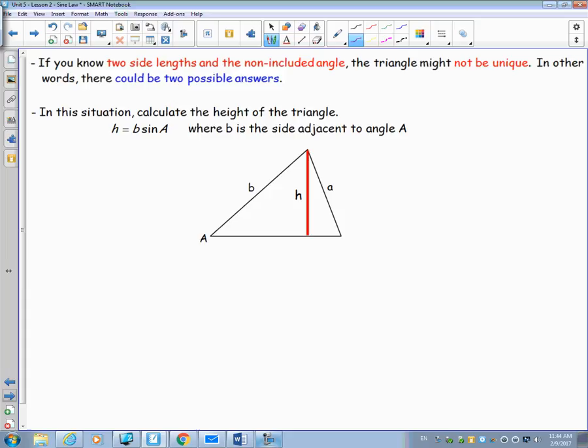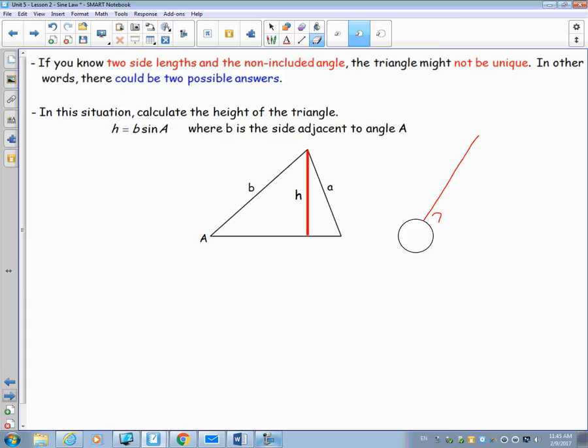If we know two sides and the non-included angle, so I know a side, but I don't know the angle between them. I don't know that. Well, then we have this situation. Okay, so that happened in our previous one.